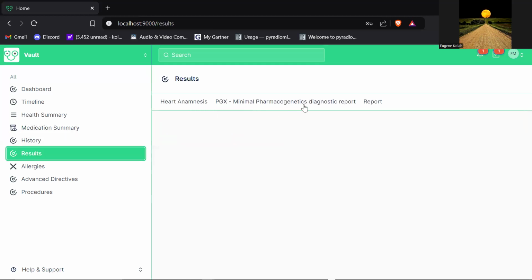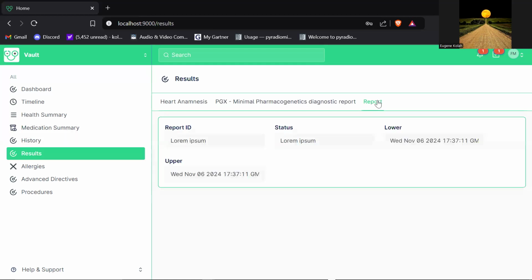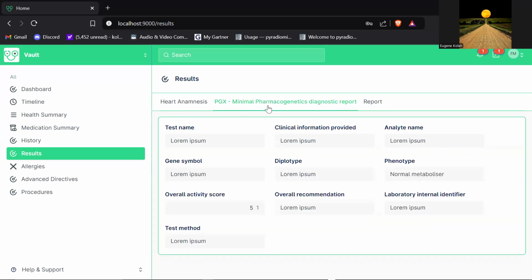And the results, she'll always get a report of the lab tests or imaging tests that had been done on her, a summary that she can share with other providers if need be, and different reports.